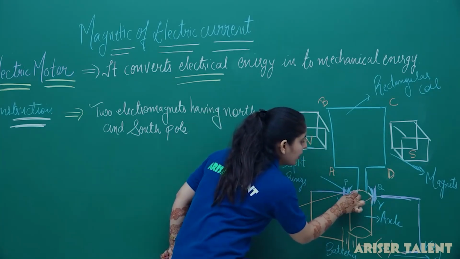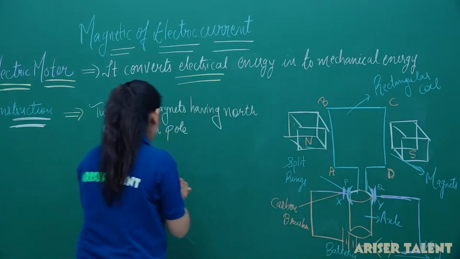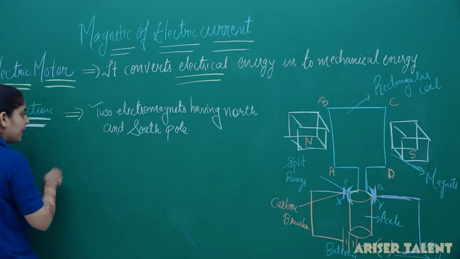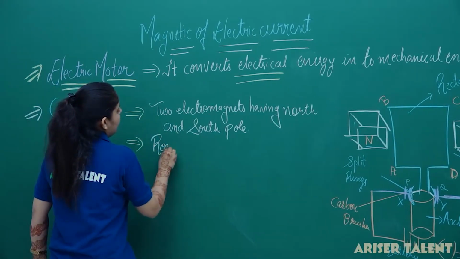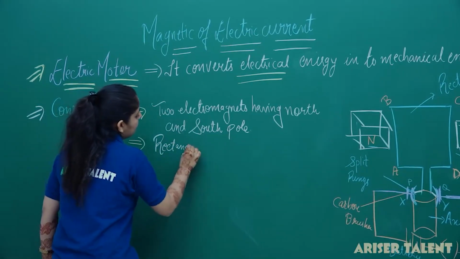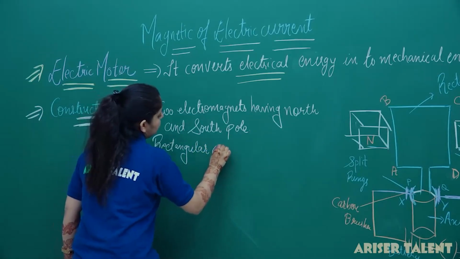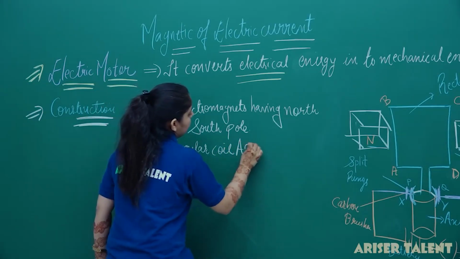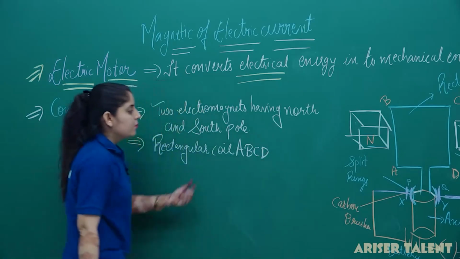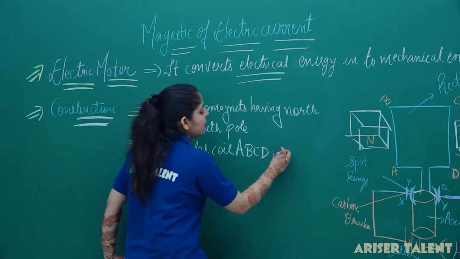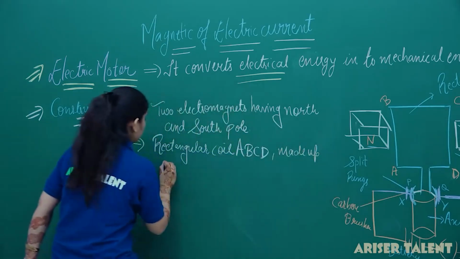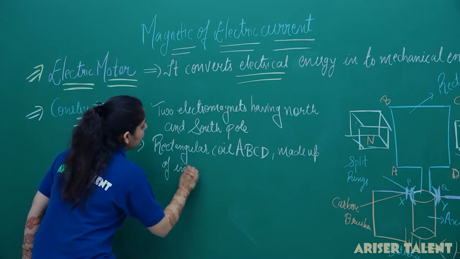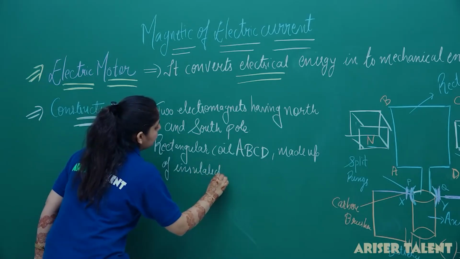So the second thing we have taken here is a rectangular coil ABCD, and this ABCD is made up of insulated copper wire.